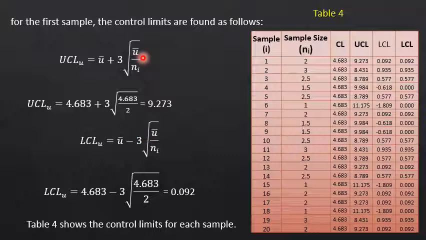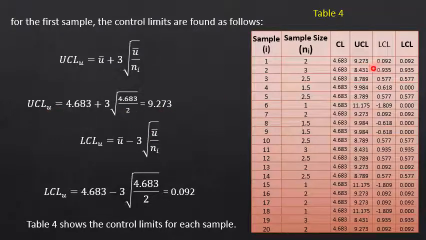For the first sample, the control limits are found as follows. The upper control limit for the U chart is u bar plus 3 under root u bar divided by ni. We already calculated u bar as 4.683, and ni for the first sample is 2. So we get the upper control limit equal to 9.273.